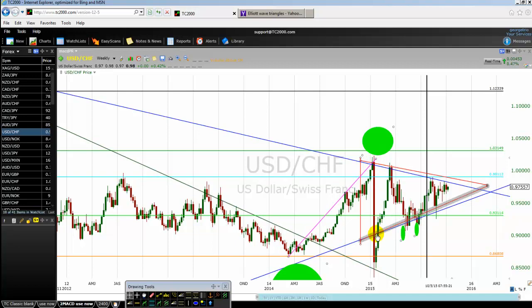But here we will not restart counting the wave, because normally if a wave is cancelled, we should restart counting wave. We can do that by labeling this one here as our first wave. So if you apply our guidelines, we will say that this is our new first wave.